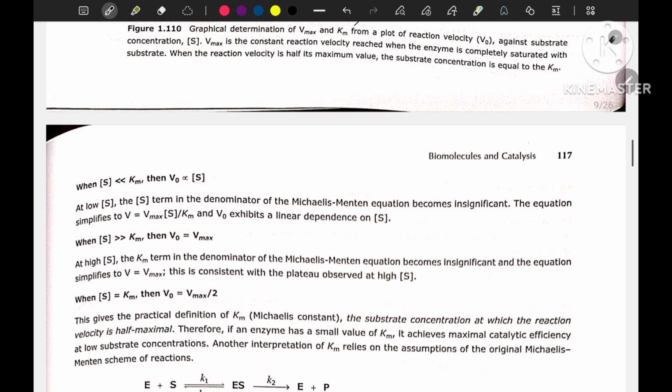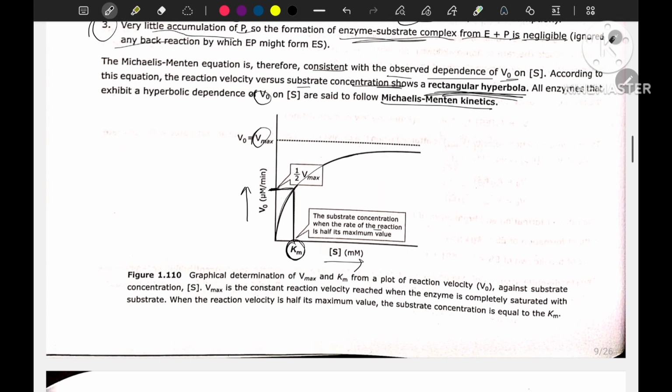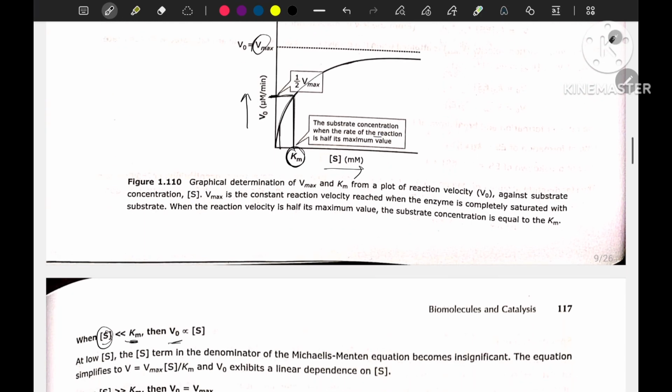Okay. When the substrate concentration is very much smaller than the Km value, then V naught is directly proportional to S. Substrate concentration is very small compared to the Km value, right? So we are seeing this portion.